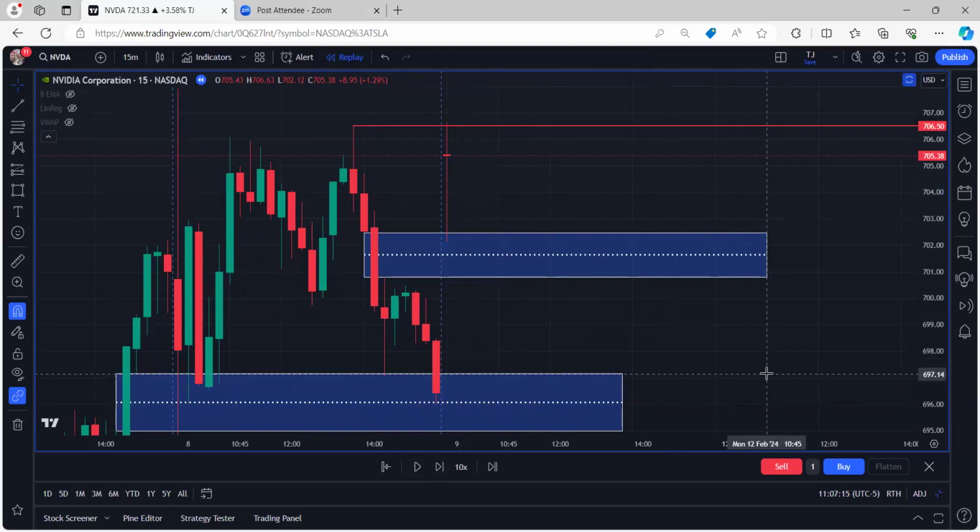Yeah. What do y'all see? It just closed above 50% of this fair value gap. Yes, it did. For sure. And what is that a good indicator of? Price going up. Bullish. That it wants to go up.